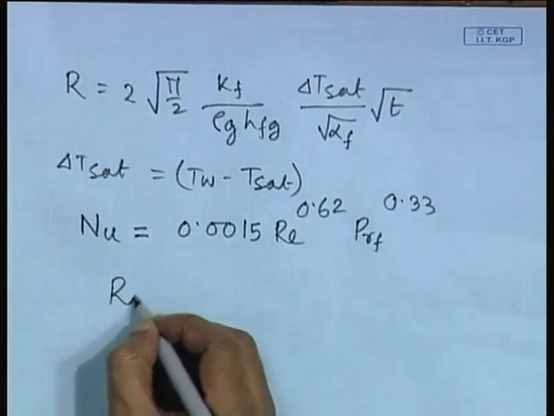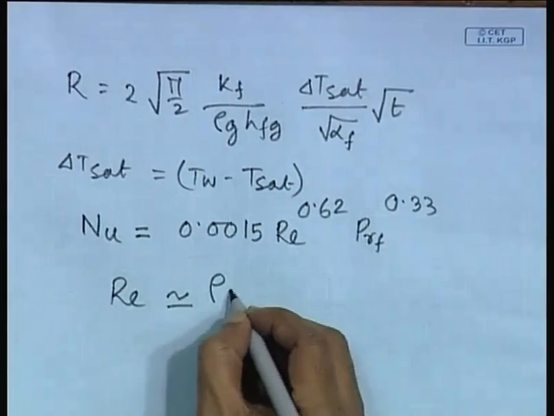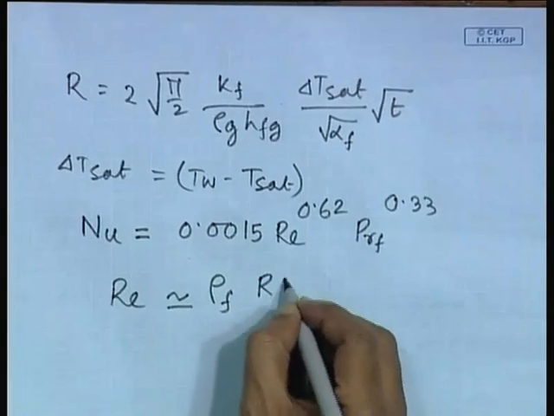Re, Reynolds number, that can be approximately told as rho f dr dt r by mu f.